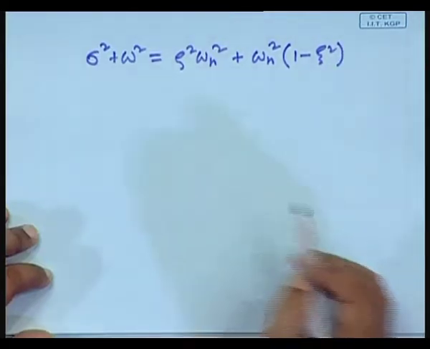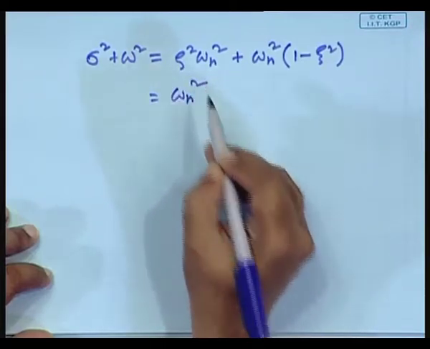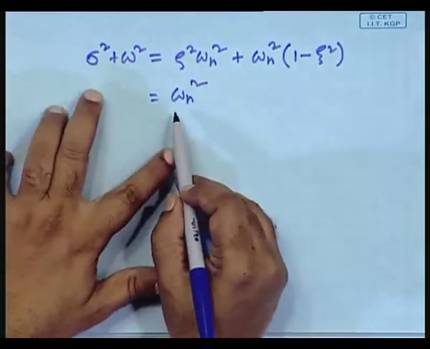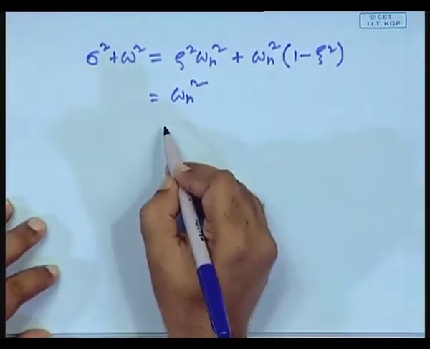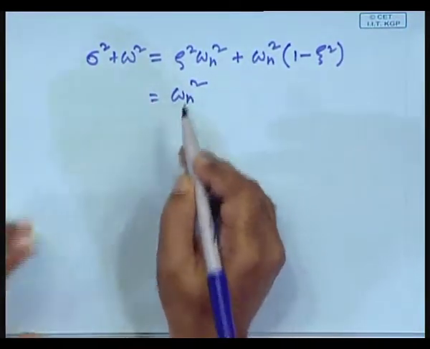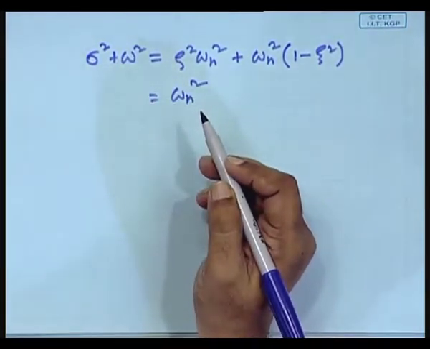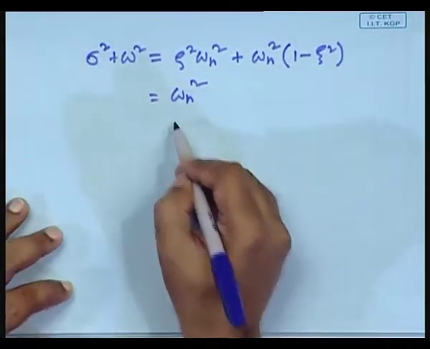This comes to omega n square. So, this is another reason why we do it this way. The point is that this square plus that square is this, which means it is the Pythagoras equation, right?